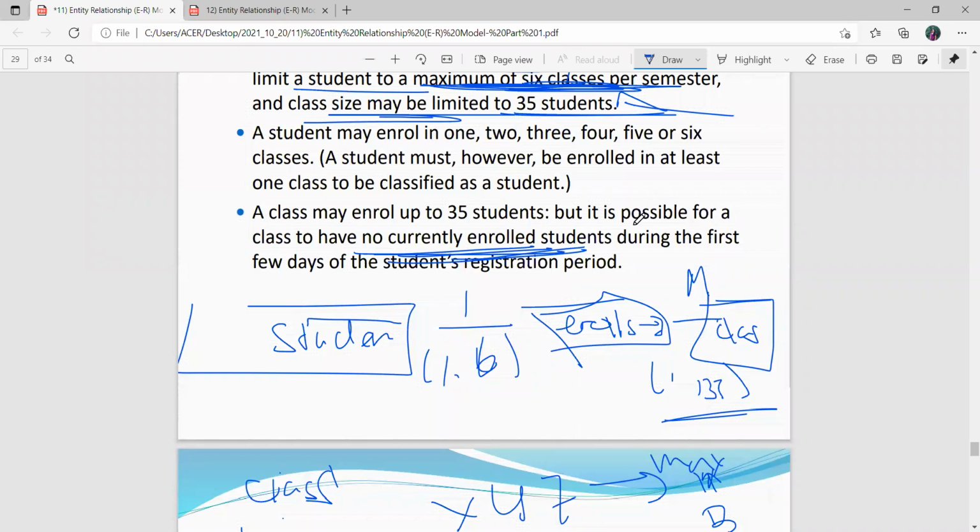It is possible for a class to have no currently enrolled student. There may be some courses where no students are enrolled. In such a case you can use 0 as the minimum number. That depends on the requirement.